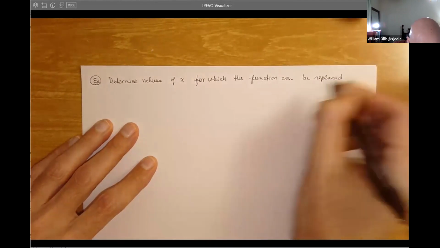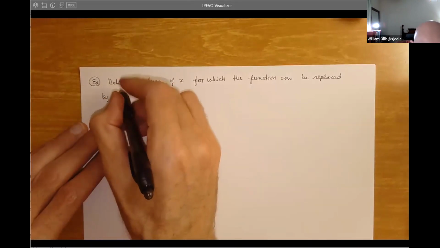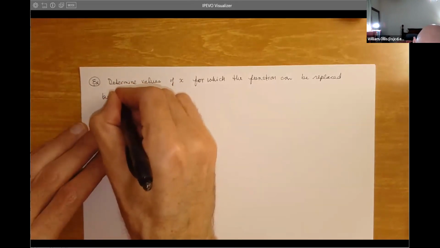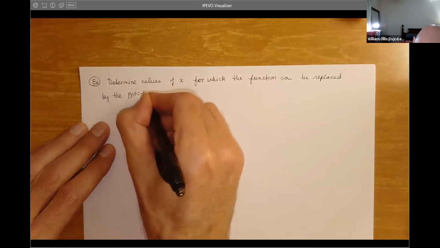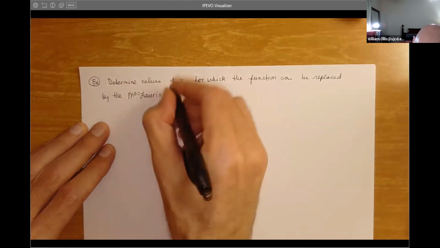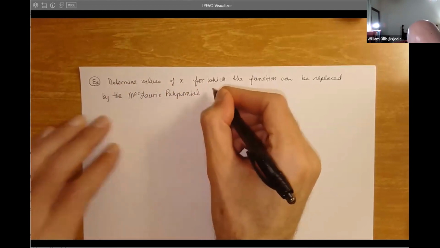I'm rephrasing these problems so you get more use of them. Can be replaced by the Taylor polynomial, in this case it's going to be Maclaurin. I'll go ahead and write it as Maclaurin. They're all Taylor polynomials, but the Maclaurin are the ones when c is 0.